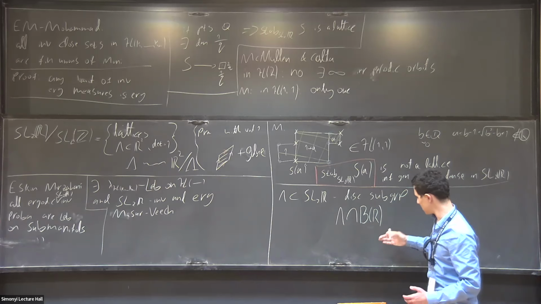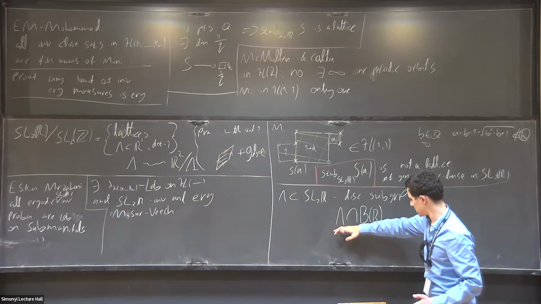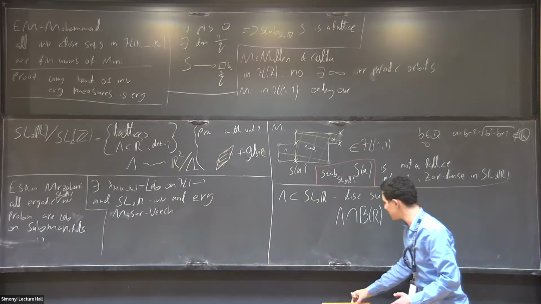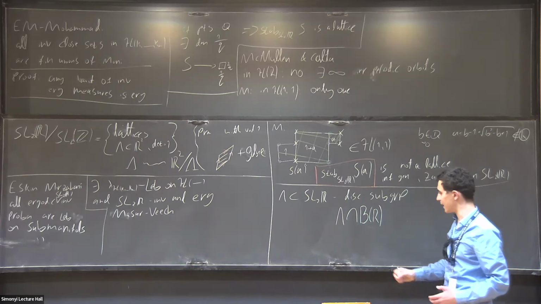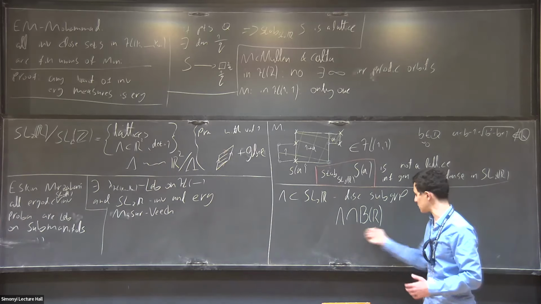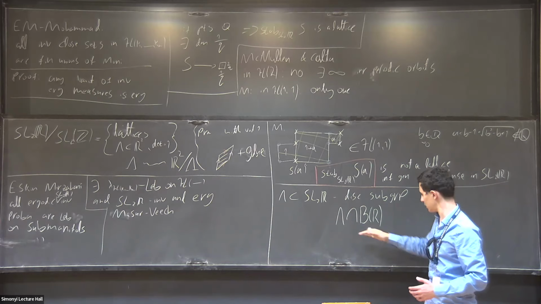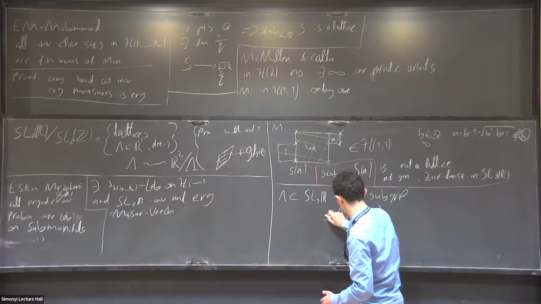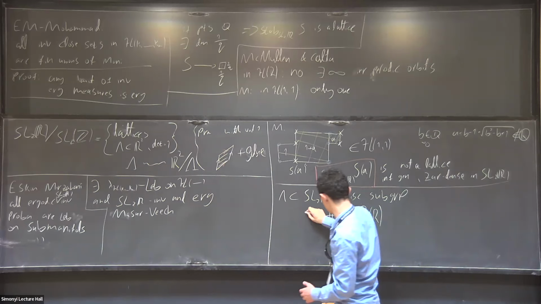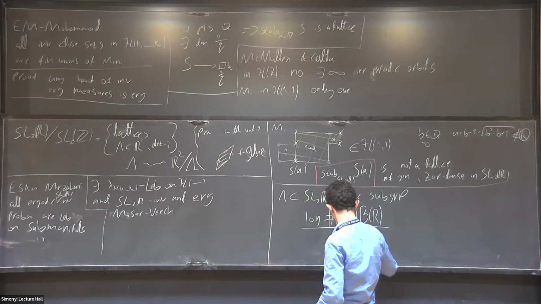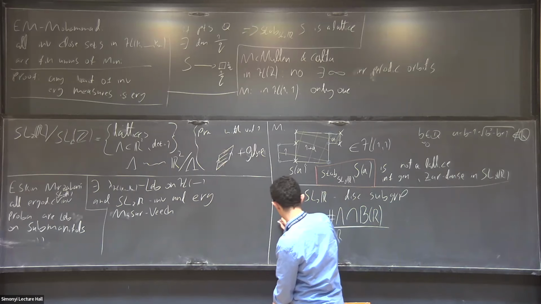If lambda is not somewhat simple, if it is Zariski dense, then this intersection grows exponentially. The growth rate of this intersection is exponential. So we can count how many points, take a logarithm, divide by R, and take a limit.